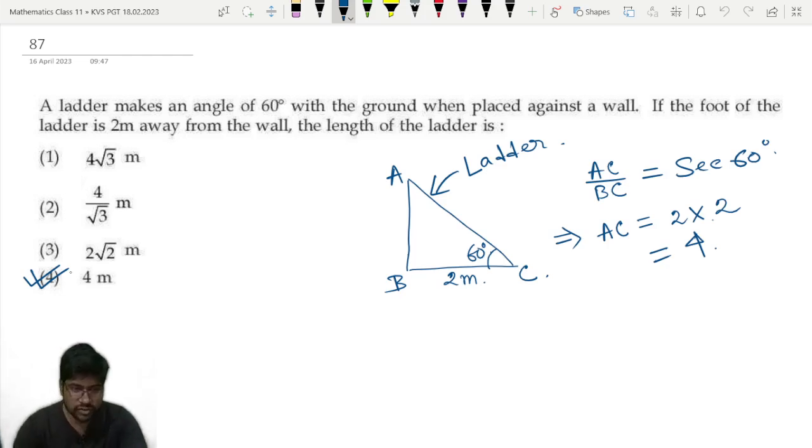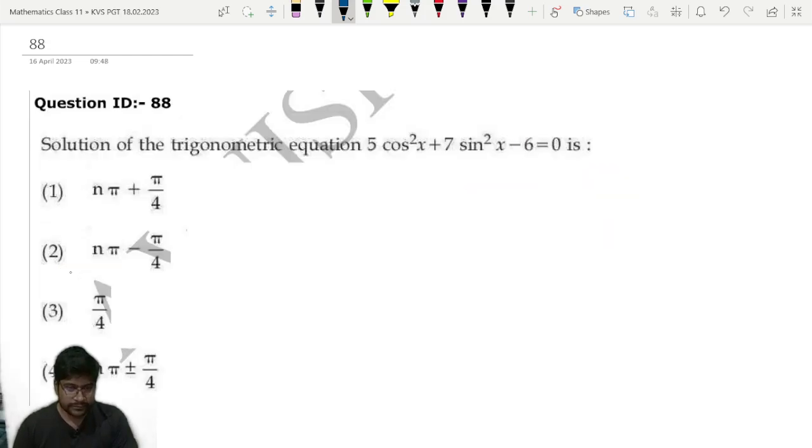Now let's move to the next question. Question number 88. What they are asking here: the solution of the trigonometric equation 5 cos square x plus 7 sin square x minus 6 is equal to 0 is what? We have to find the general solution of this trigonometric equation.